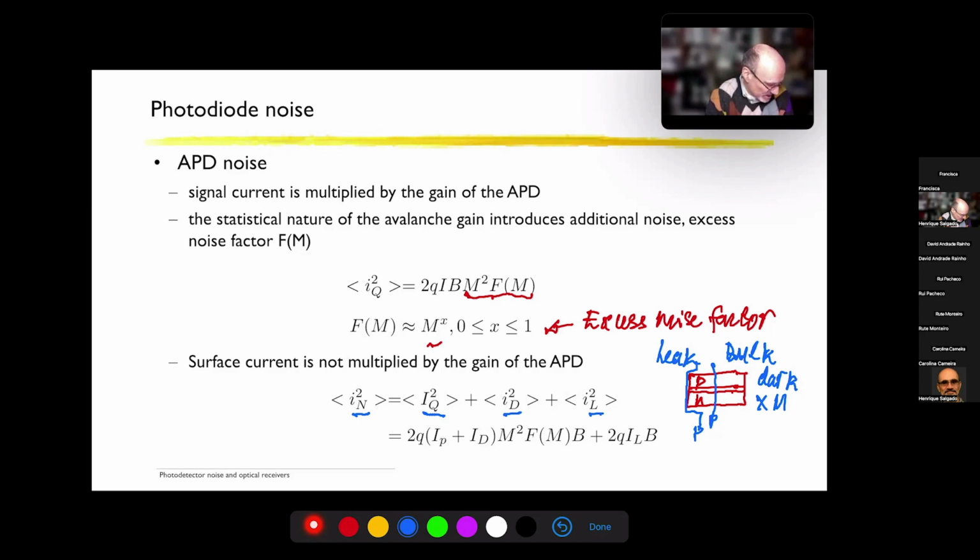Whereas the quantum noise and the dark current are both multiplied by the avalanche noise, the leakage current does not come multiplied by this type of noise, and so has a factor of 1. So we need to make this distinction when considering the APD and the dark current, and the contribution of each term to the total noise at the receiver.